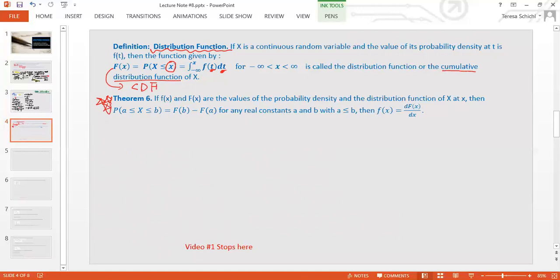And this is also very important: by the fundamental theorem of calculus, what is the derivative of the capital F of x? It will just be f of x, right? If you take the derivative of the cumulative distribution function, CDF, it will be your PDF. If you integrate the PDF, it will give you the CDF.